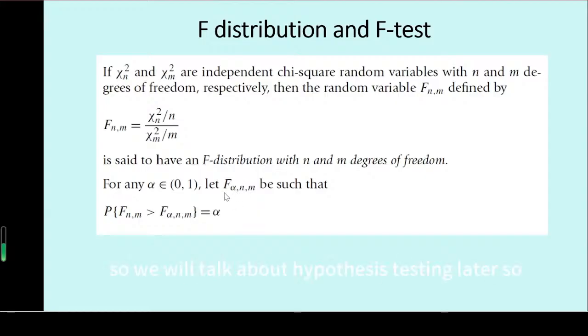We will talk about hypothesis testing later. So first we have to know that in a one-sided test, if we get a sample statistic larger than the critical value, then we will reject the null hypothesis and accept the alternative hypothesis H1, saying that one variance is larger than the other, right?